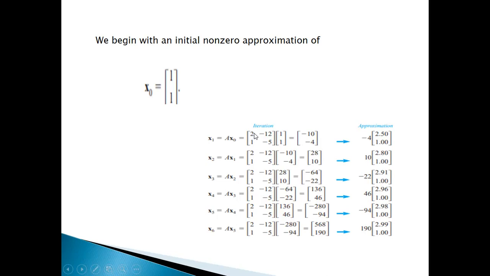Multiply the first row with the column: 2 into 1 minus 12 into 1, so that you will get minus 10. Similarly, for the second row, 1 into 1 minus 5 into 1, you will obtain minus 4.